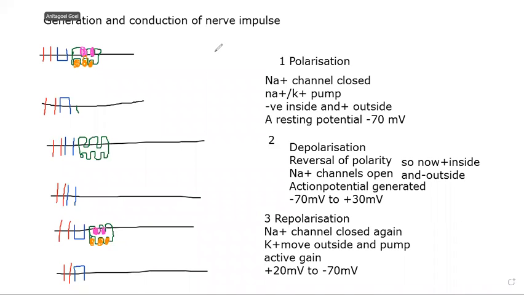In this video, we will learn about generation and conduction of nerve impulse. First of all, we should learn what is a nerve impulse. Any signal which is received by the nerve fiber is known as stimulus.